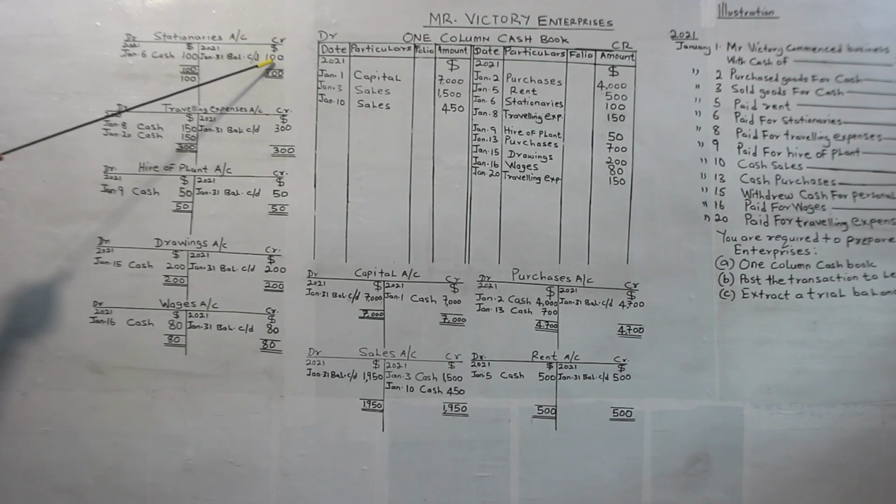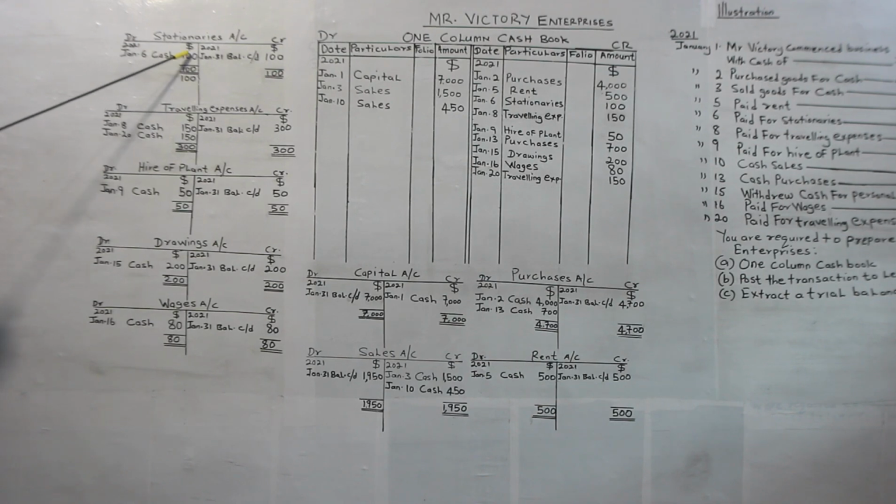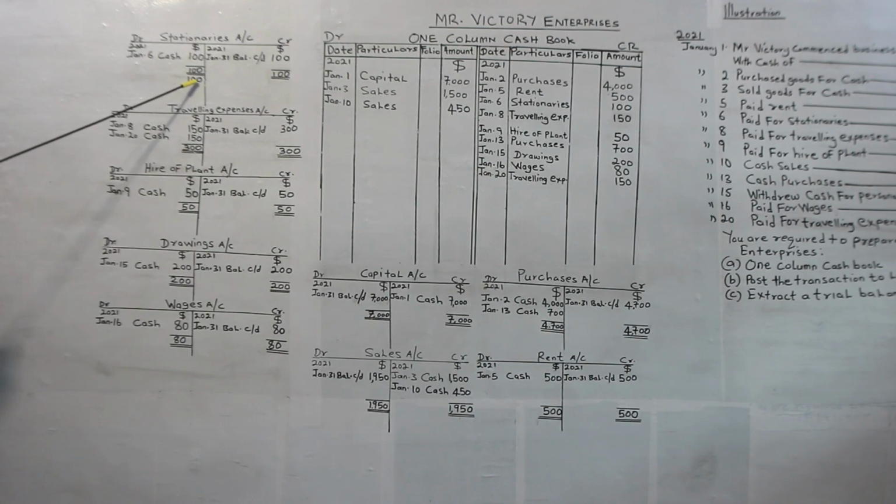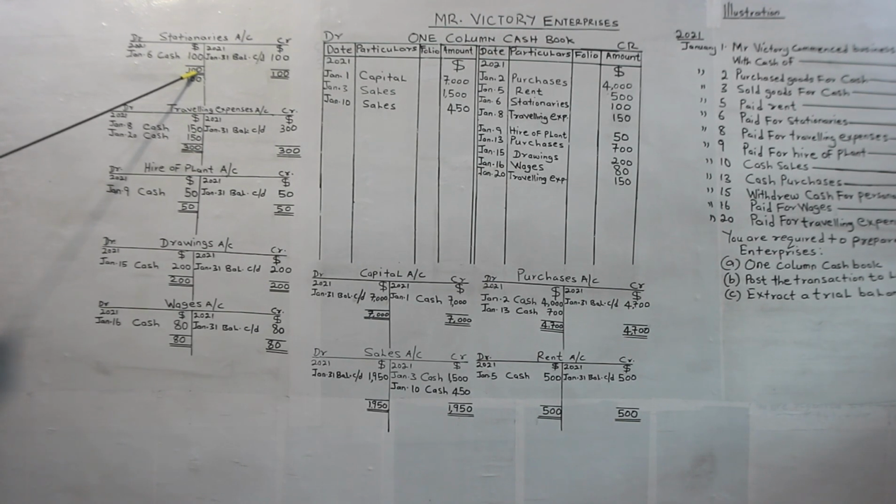Now, I bring this 100 directly to the other side of the account, under the same dollar line, under this 100. The 100 is directly under this figure and under this figure. Just here. Not here, but directly under the closed figure. So this 100 is brought to the debit side and it becomes the balance brought down.